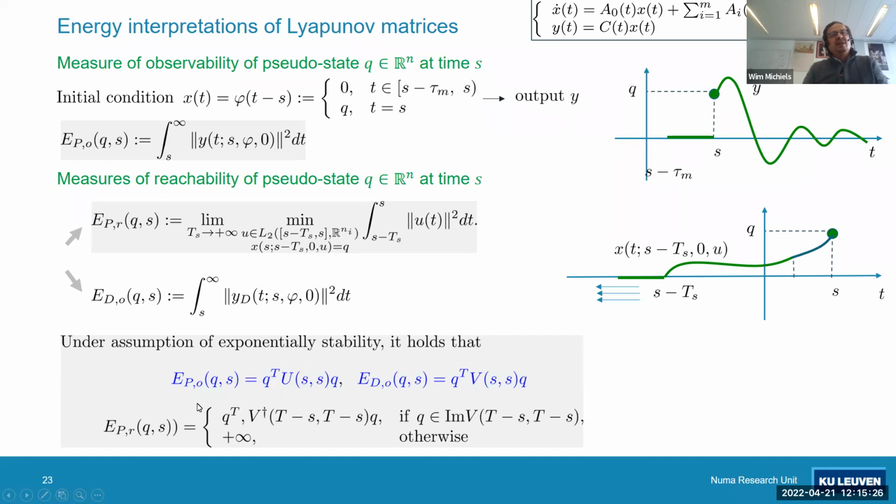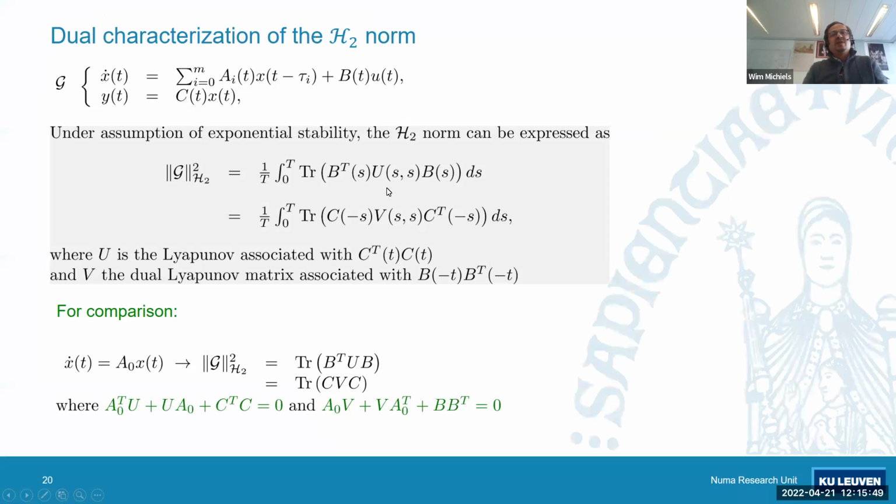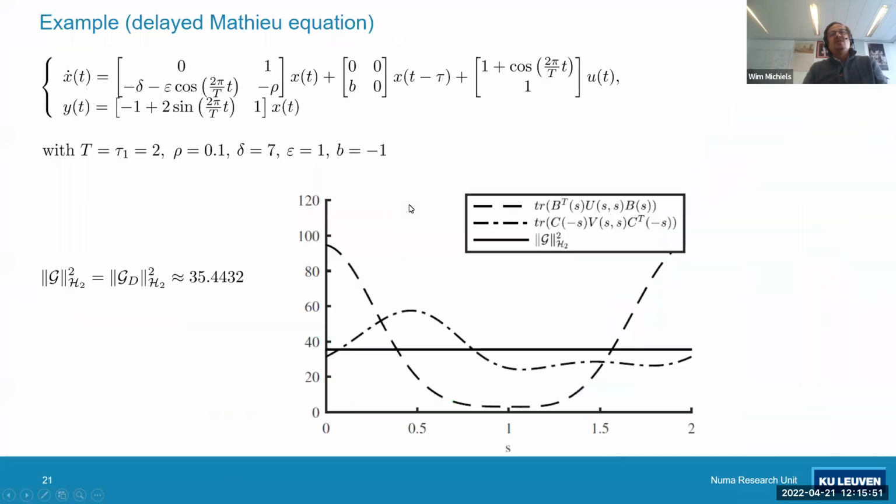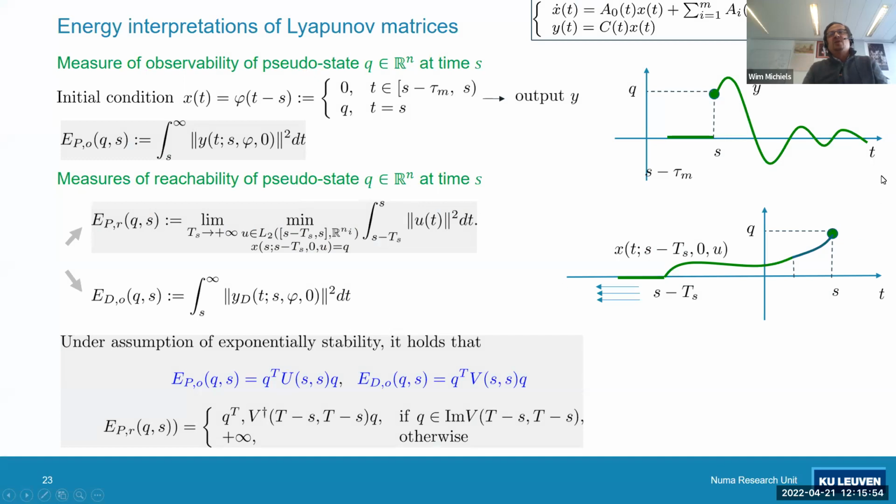What can also be shown is that the energy needed to reach pseudo state Q can be expressed in terms of an outer product with Q on both sides, where inside you have the pseudo-inverse of the dual delay Lyapunov matrix. So in other words, based on that beast of Lyapunov matrices, you can determine how well a pseudo state Q is connected to the input or visible in the output.